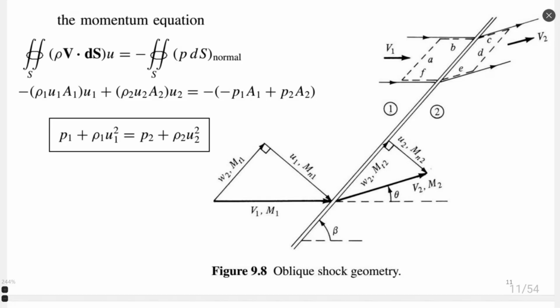Now it's the normal component of the velocity. We see it's absolutely in the same form as we had for the normal shock wave. We have a part of the flow of momentum through the edge, due to the velocity and density. And we have our pressure forces that act normally on our control volume. And it's written right here.